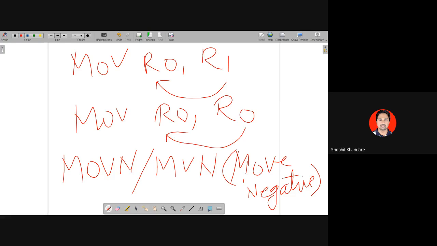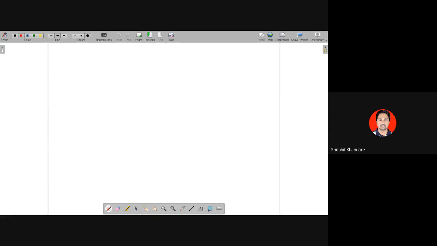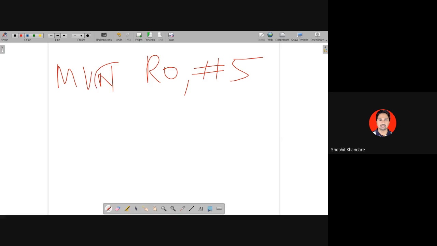Now if I'm writing down, for example, MVN R0, comma, #5. Now here this is negative, MVN negative. So I have to take the negative of this number.